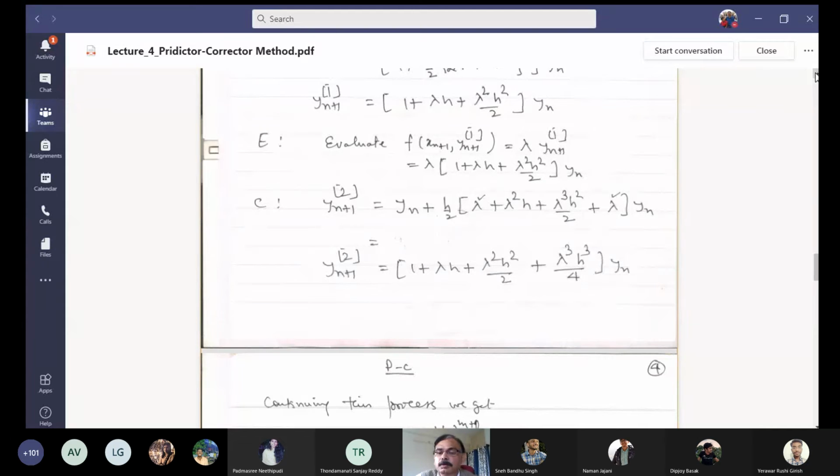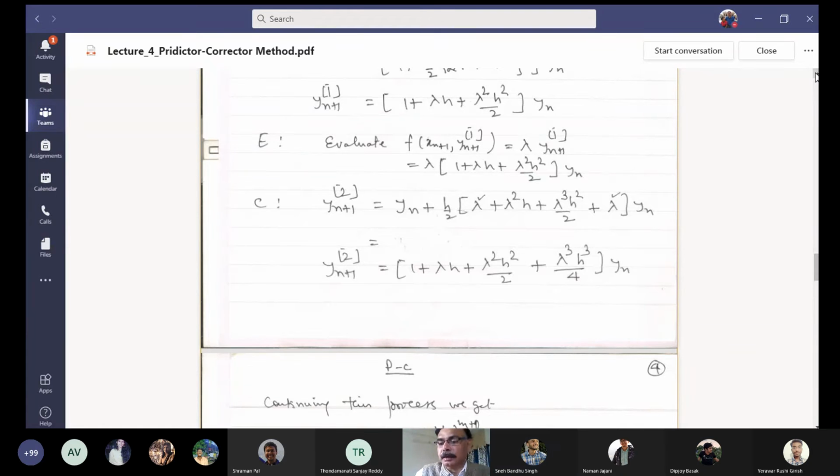Here it will be what? 2 to the power m. Because if you see the last term in the previous one, yn plus 1 2, it is 2. Here it is 2 to the power 1. The first term is lambda square h square by 2 to the power 1, and then lambda cube h cube by 2 square, and like that. Means there the power is 1 less, for whatever iterate we are finding out.